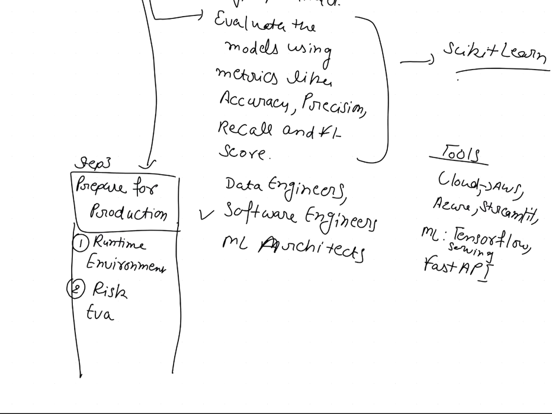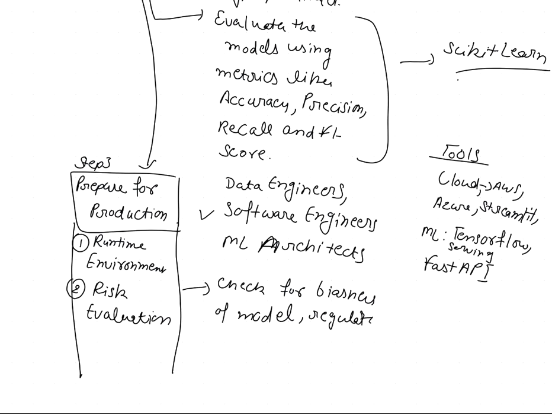This is the most important part. In this you will check for the bias, if the model is biased, check for biasness of the model, and regulatory compliance. So these are the two steps you are going to check here.